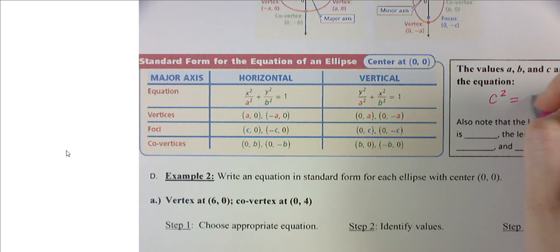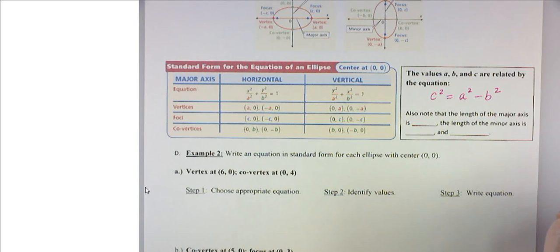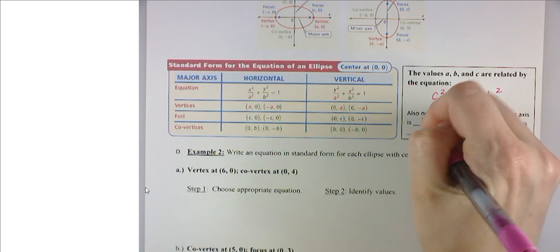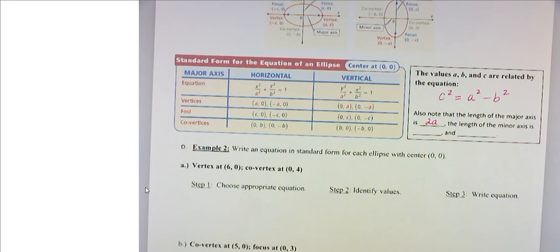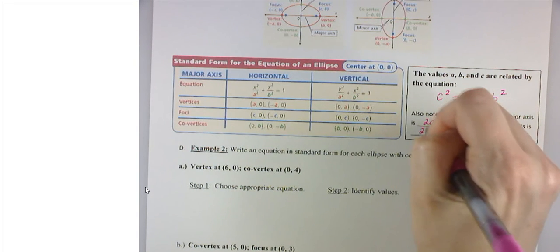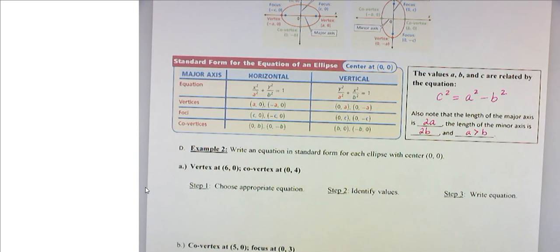Okay, and then also note that the length of the major axis is 2a, so 2 times your a variable. The length of the minor axis is 2b, and a will always be greater than b because a is always with the major axis, which is going to be longer. All right, and then we are going to do example 2 in the next video.